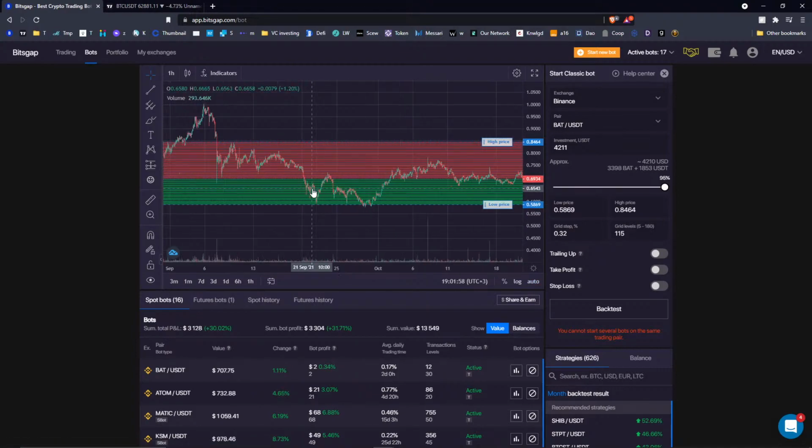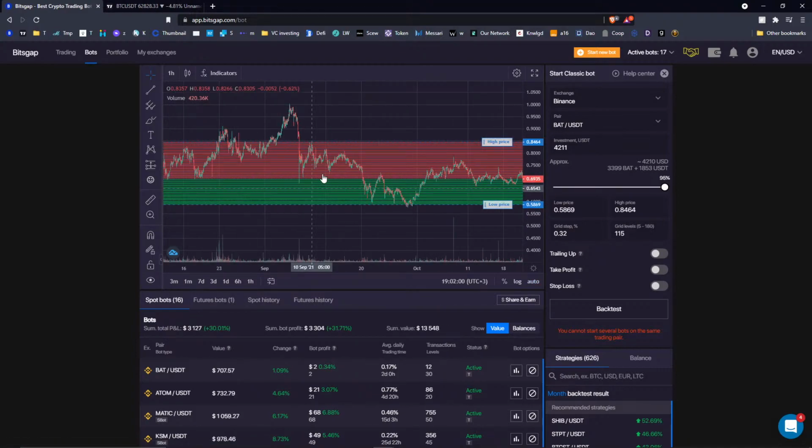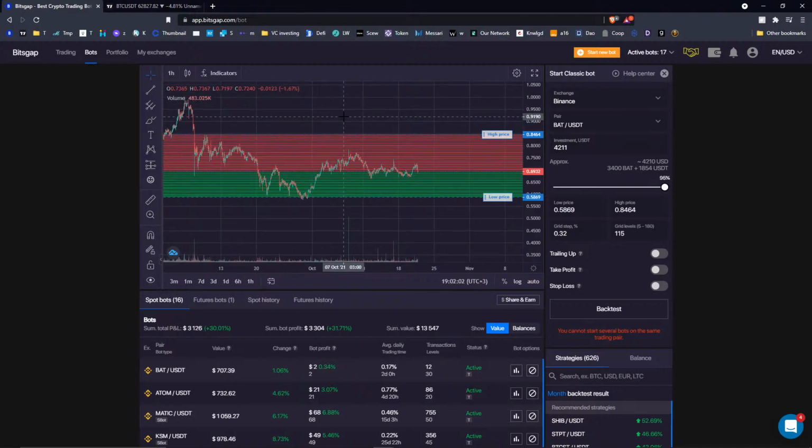It's because of some of the limitations of the classic bot because of its investment distribution logic, but we are working on this feature for the classic bot. I would say the priority is the coming months, not weeks. So you should expect it at the end of this year or at the beginning of 2022.